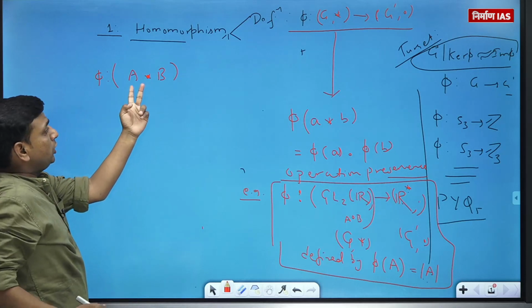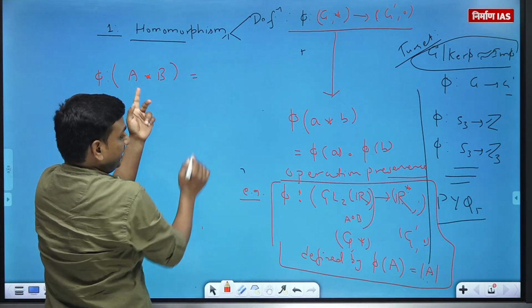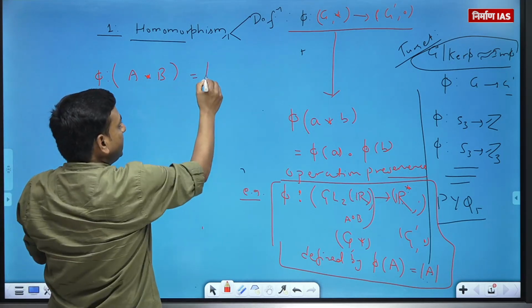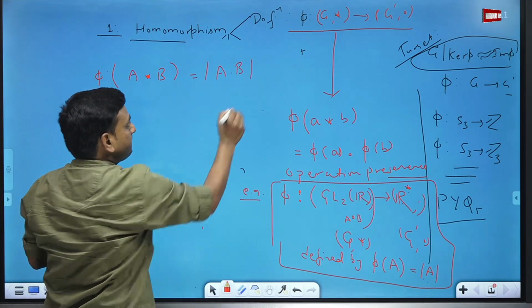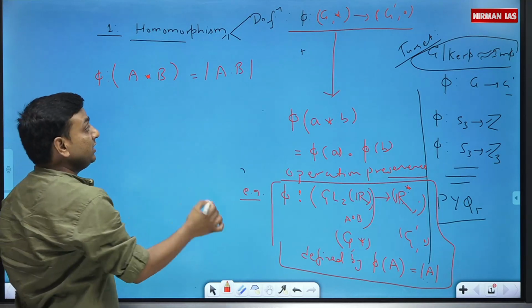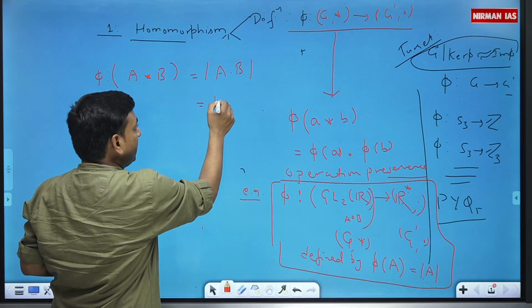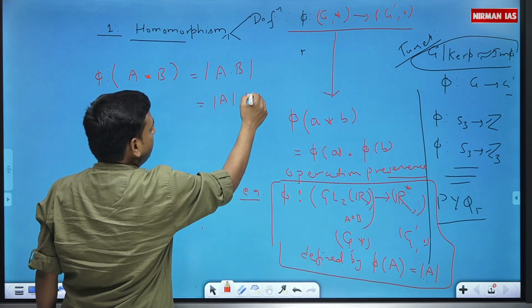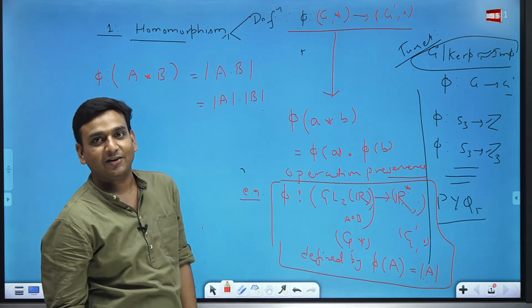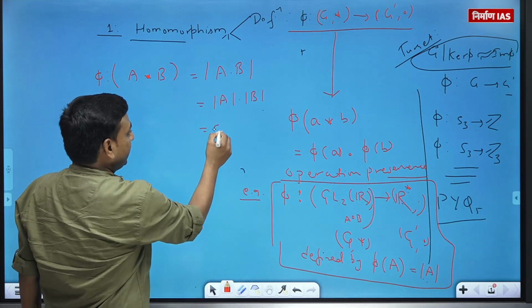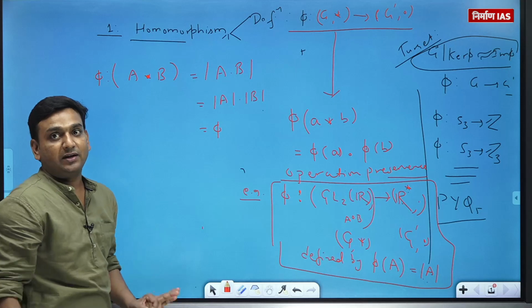So phi of A into B will be, because phi is defined like phi of something gives you the determinant of that thing, and by the property of determinant, make it a point, determinant of A into B is nothing but determinant of A into determinant of B. Is that clear? So can I write? Please make it a point.